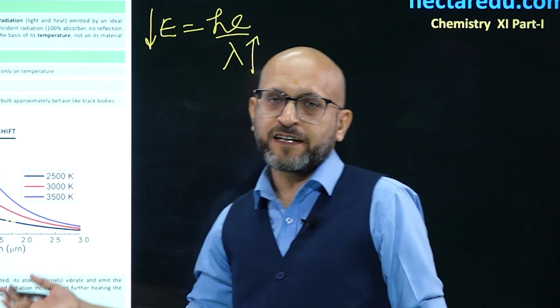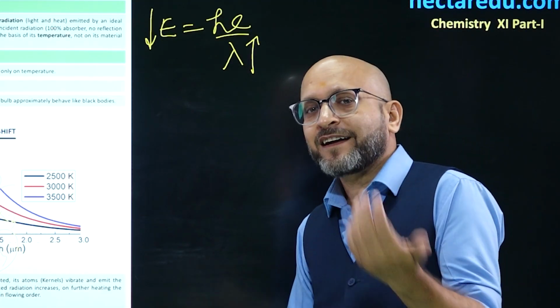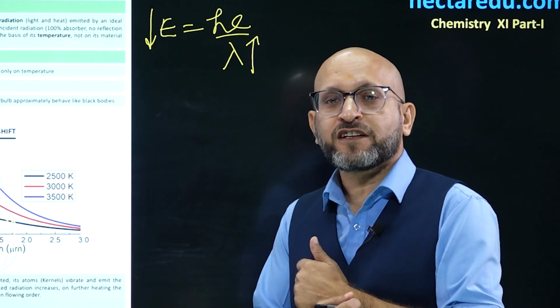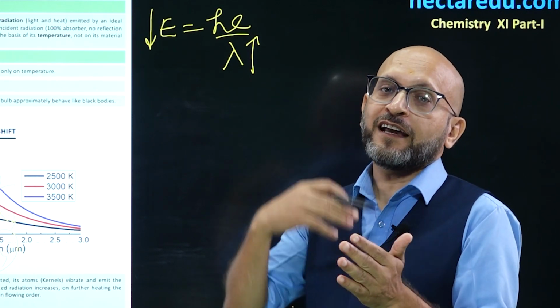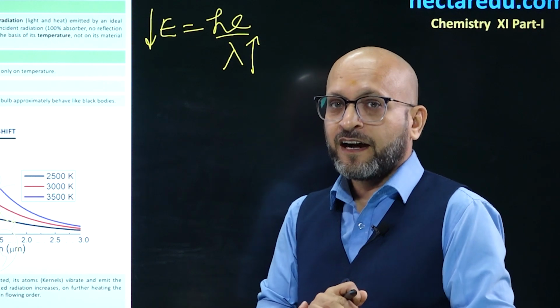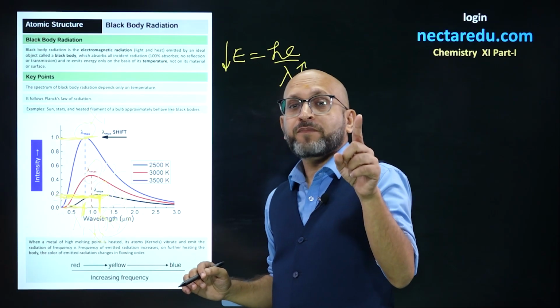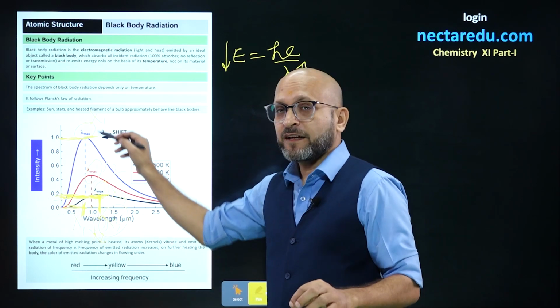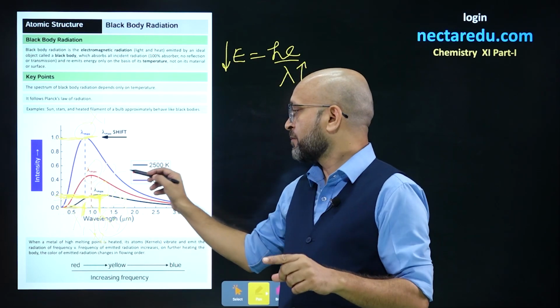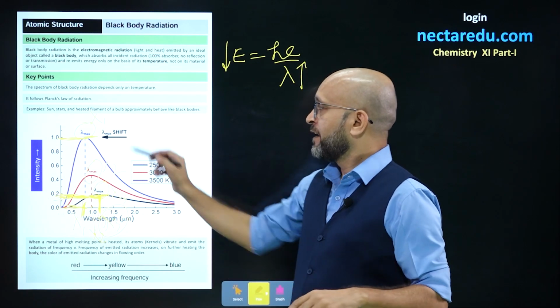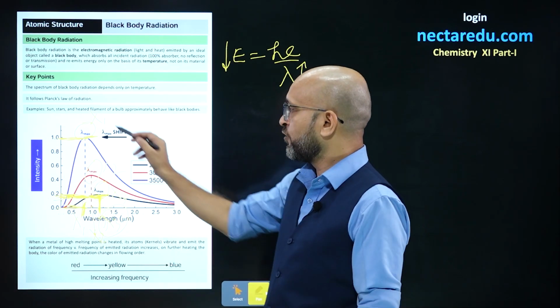So that is what is explained in this graph, that the energy of emitted radiation depends on the temperature. The higher the energy emitted, the higher the temperature of the body. If you ask me which temperature is more, the temperature of lambda 1 or lambda 3, I will say where energy is more, for lambda 1.